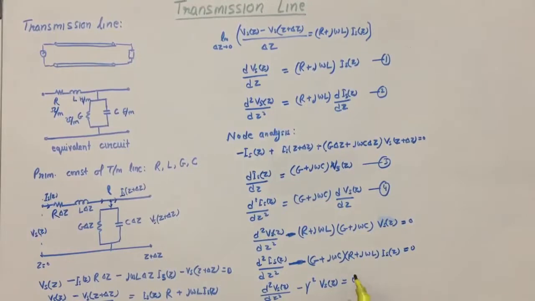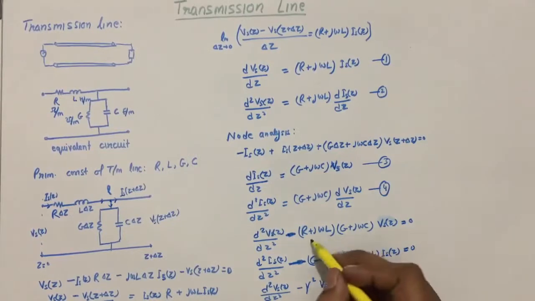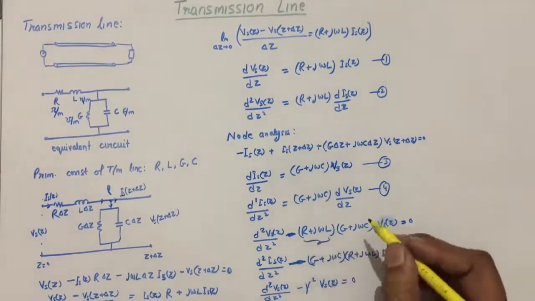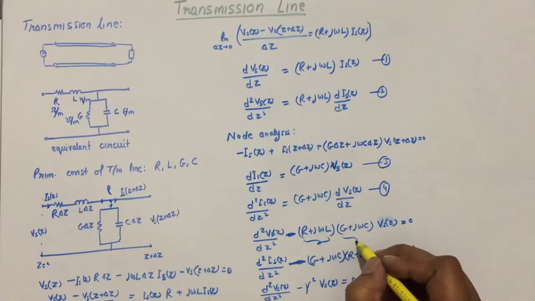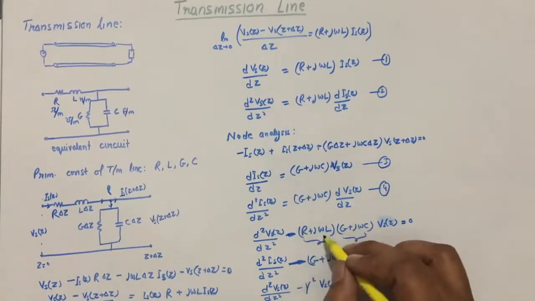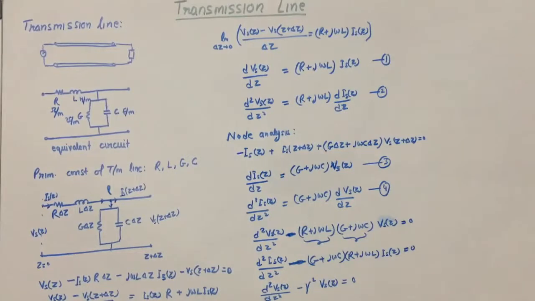This is the form of the wave equation. Now relating this with this, we find that this is nothing but admittance, and this is impedance. Similarly, we can write in the case of current as well.